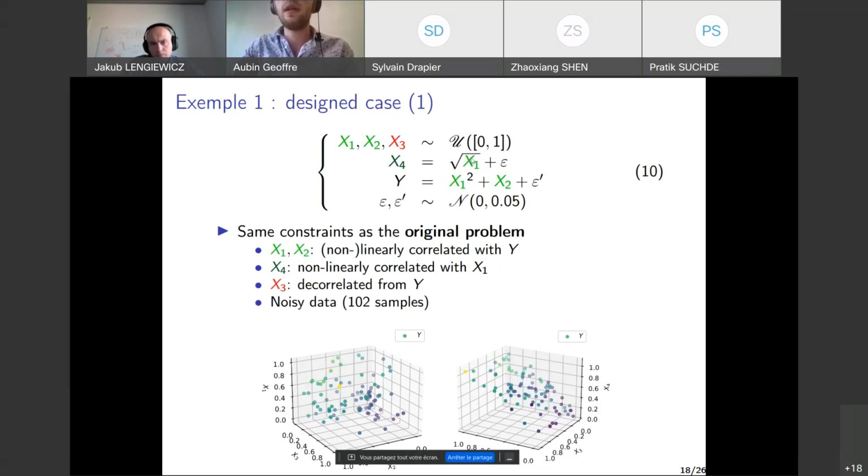It's basically the square root of X1, so we have a nonlinear correlation with some noise. And lastly, I also introduced an output that is nonlinearly correlated with some of the features. It's interesting to see that X3 is totally independent from the output. I have chosen noisy data with a rather small dataset, composed of only 100 samples.